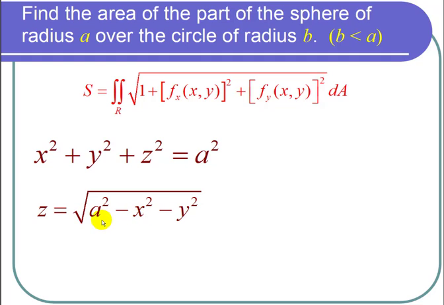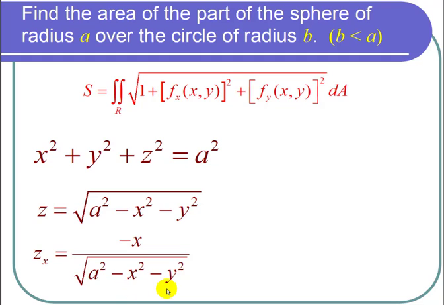And the partial derivative of the square root function is just 1 over 2 times the square root. So the 2 from the x squared becoming 2x, and the 2 from the square root that becomes 1 over 2 times the square root cancel.